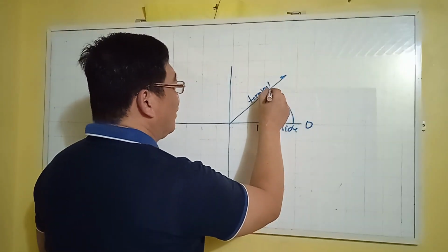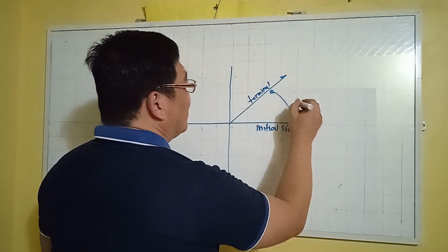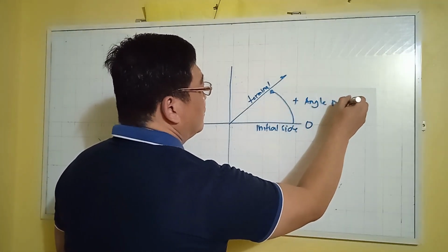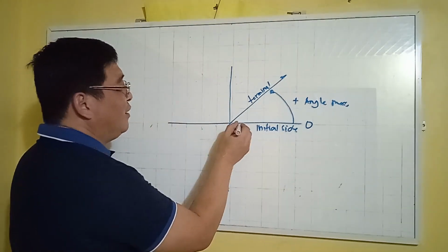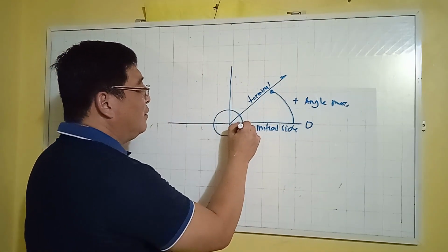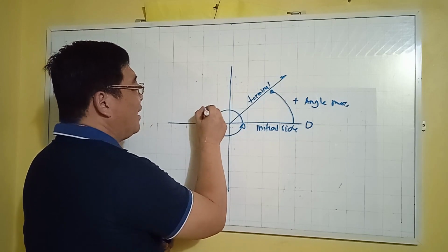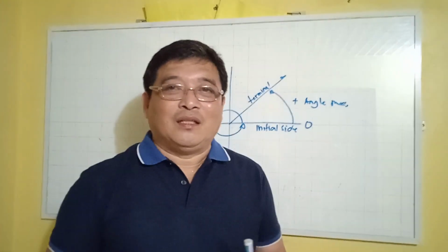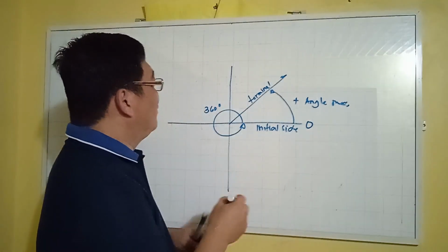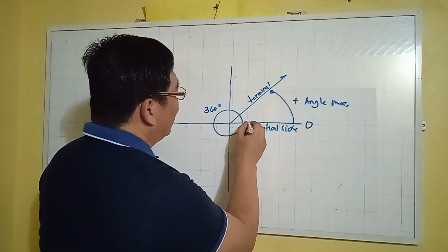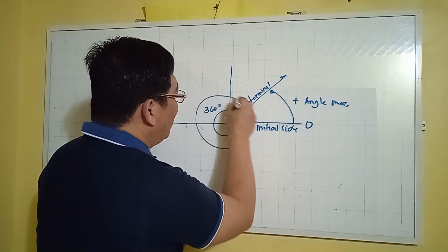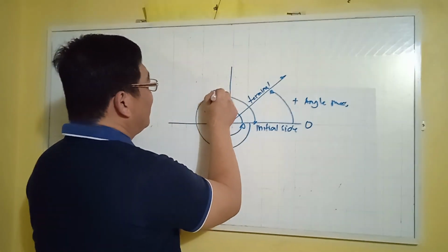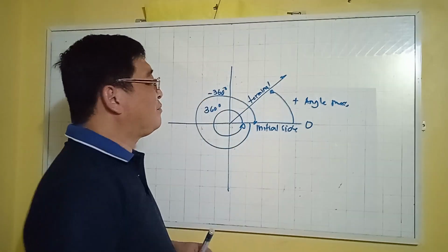Pag nag-move siya ng counterclockwise, we have a positive angle measure. And di ba sabi natin, one complete revolution is equals to 360 degrees. Now, pagka sinabi naman natin na negative 360 degrees, pareho lang siya. Kaya lang, ang rotation niya is clockwise. You have negative 360 degrees.